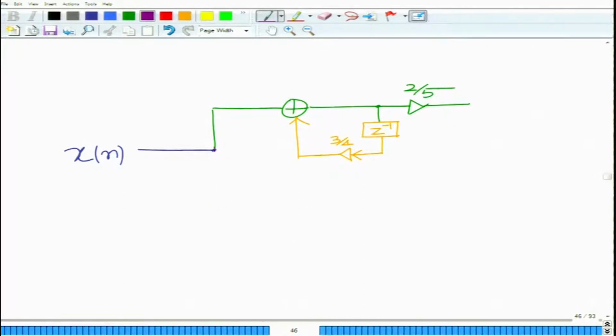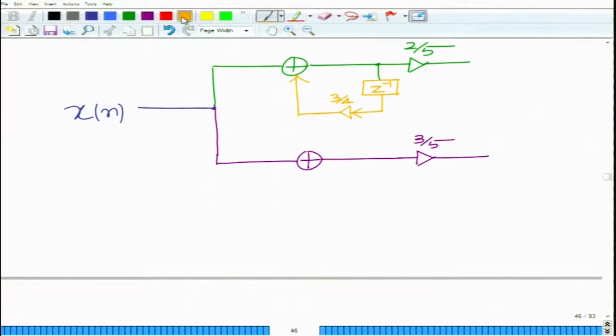And the other one is naturally the bottom branch, with gain 3 by 5, and this is the delay z inverse, and this is the gain 1 over 8.